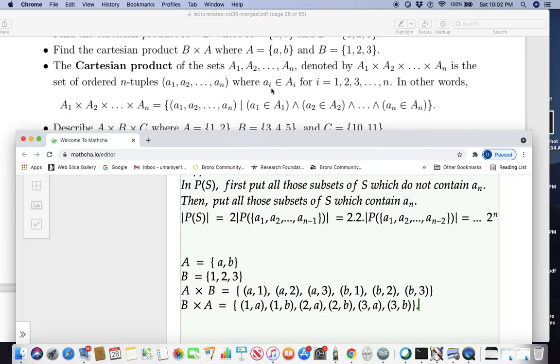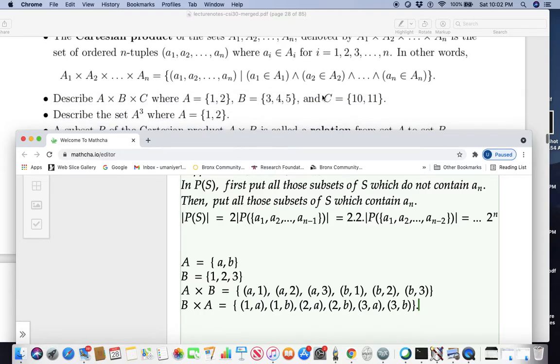We write that in short by saying ai is an element of capital Ai. So these are all conjunctions.